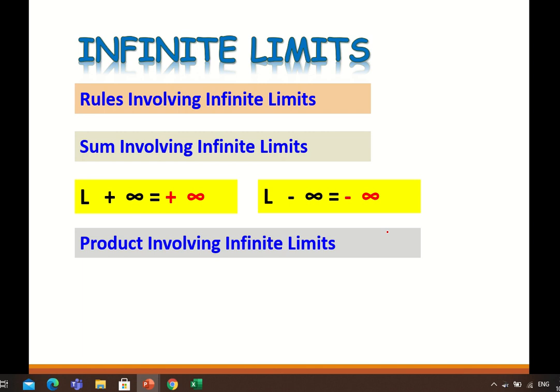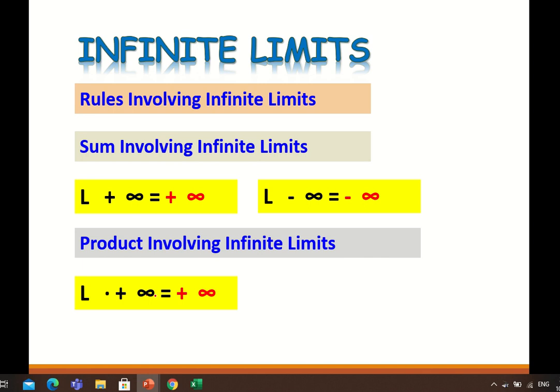Okay, now for the product involving infinite limits. This is the scenario. We have limit multiplied by positive infinity, so the result would be positive infinity. It means that a very huge number, when you multiply it with any number, becomes much bigger.